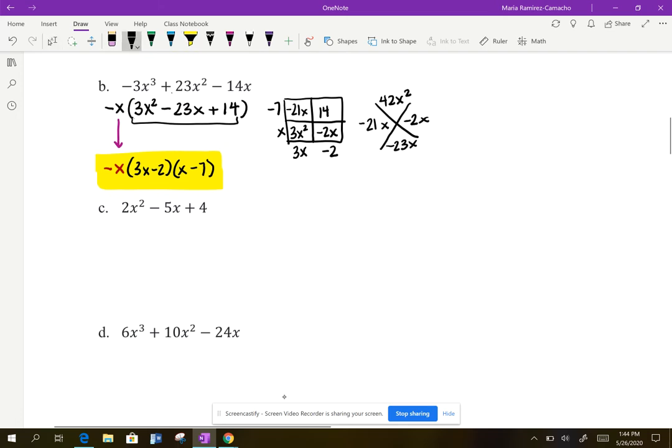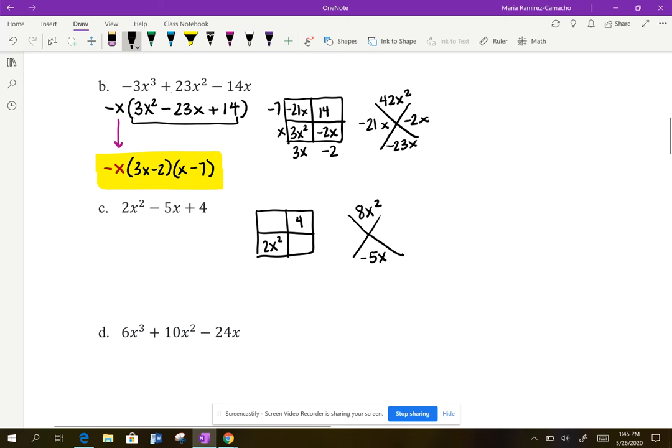Part C, no common factor because there's no number that goes into 2, 5, and 4. So start right ahead with your generic rectangle and your diamond. 2x squared goes down here, 4 goes up here. Multiply those two to get 8x squared. Put -5x down here.